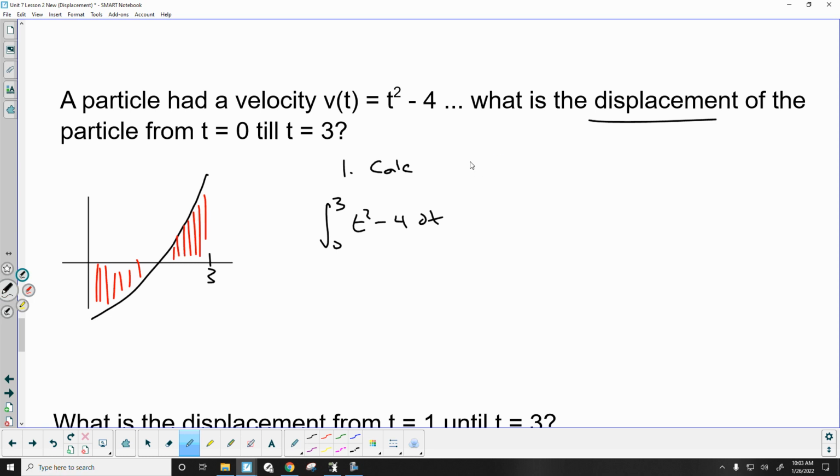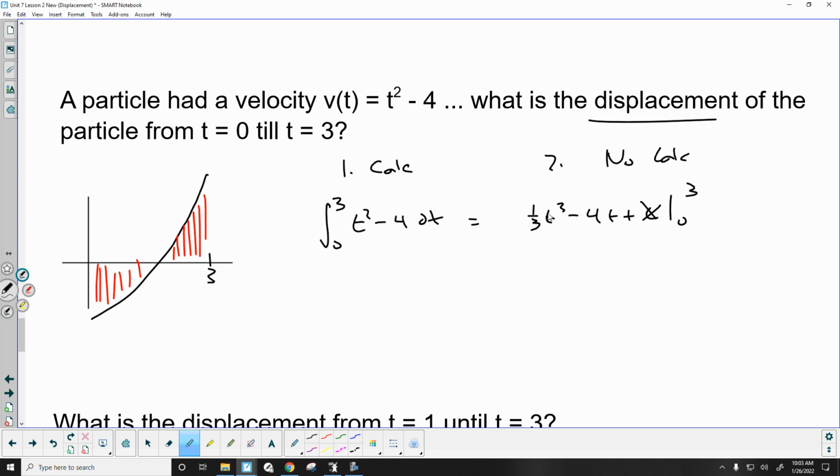The other way, which I can do without a calculator, is to do kind of what this is telling me to do. This means accumulation, but it also means to take the antiderivative. Plug in 0 and 3, you won't have to worry about the c.